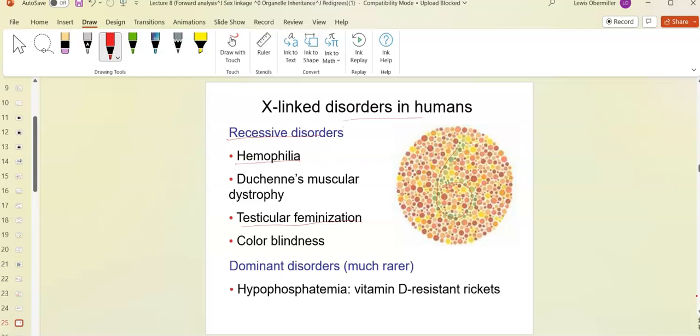We didn't really talk about this last one, but it's a condition that they think Joan of Arc may have had. We also have color blindness, which is why I put that in there. And then there are dominant X-linked disorders too, which are super rare, like vitamin D resistant rickets.